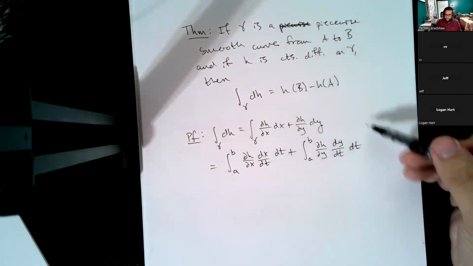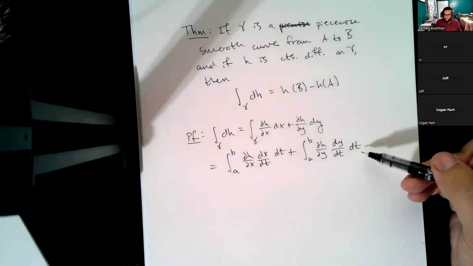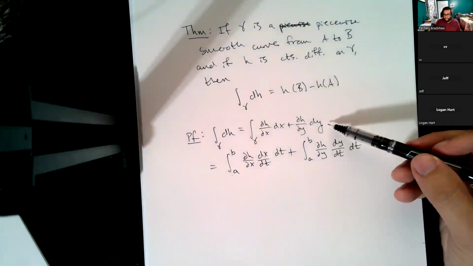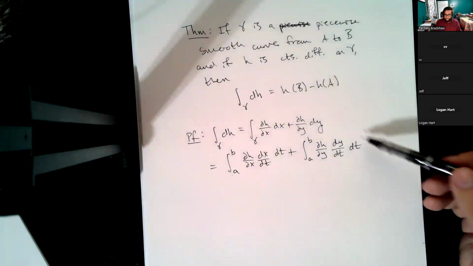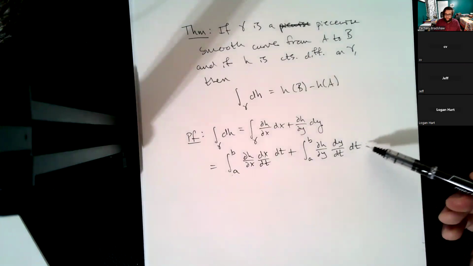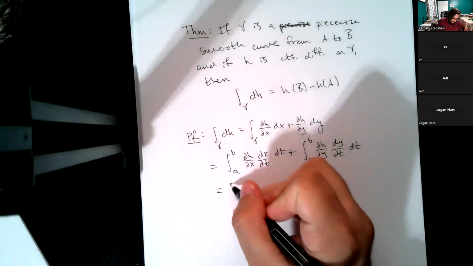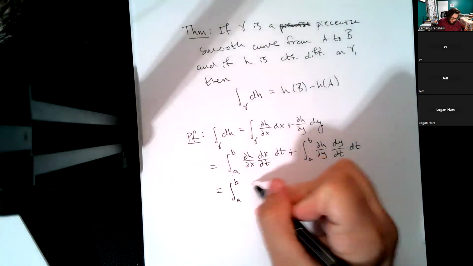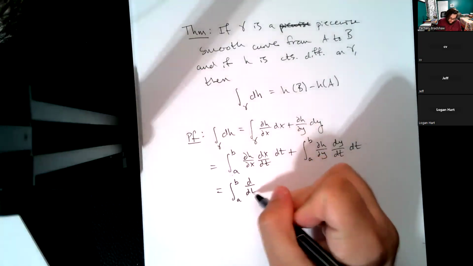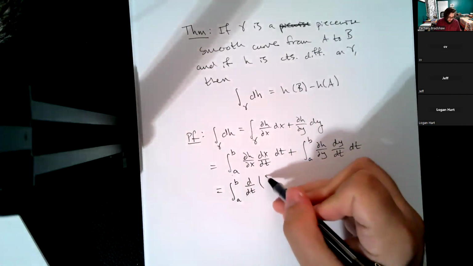So this is that result we did right at the beginning of the lecture, right? We wrote down the definition of a line integral, and then we used the mean value theorem to rewrite it this way. And then this is the integral from A to B of the t derivative of h.